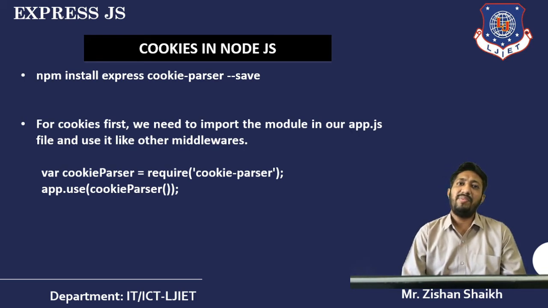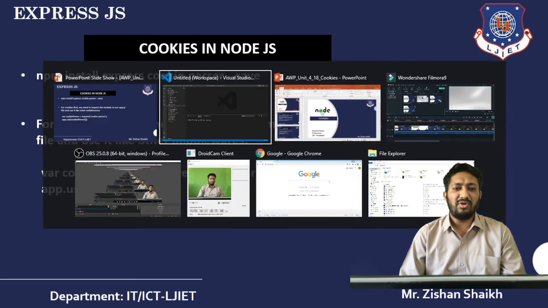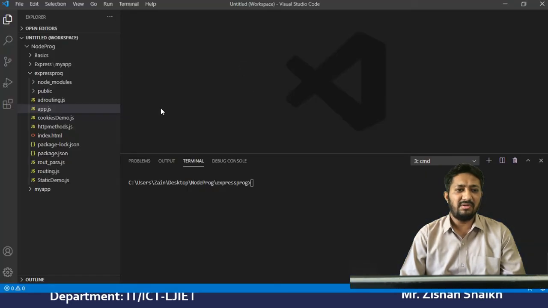Then in your basic program, you have to add it, using the simple module requirement, require with the parameter cookie-parser, and we use this variable throughout the program. That's why we use app.use with the cookieParser function. This is the basic requirement before implementing any code in our particular program. So let's go to the console and implement this.